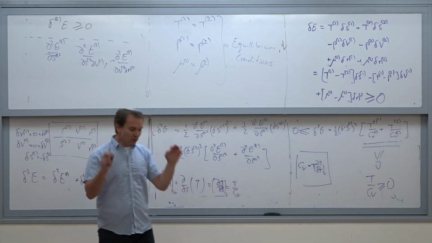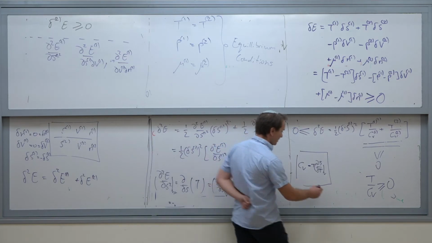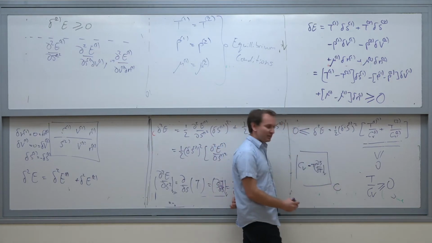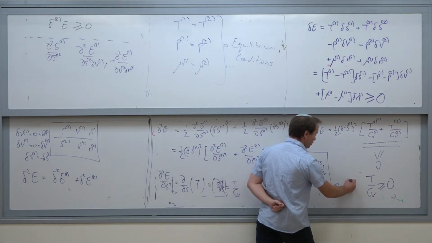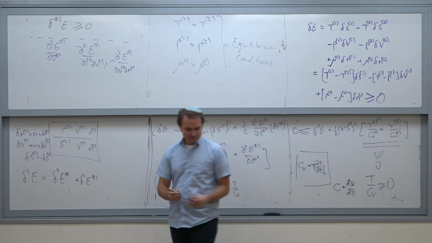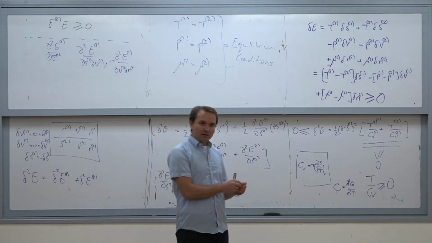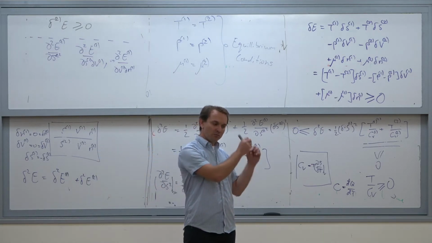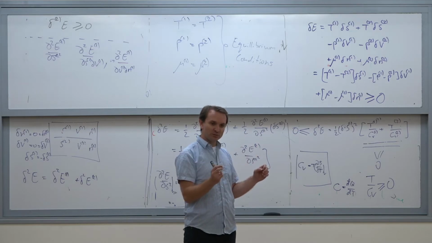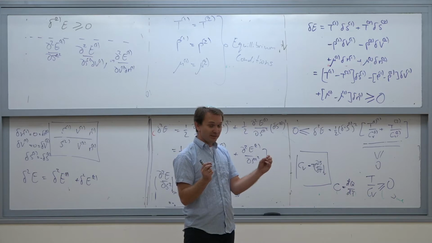You can also think about it this way: what is CV? How do we define CV? The heat capacity, in general, is the change of heat by the change of temperature. So positive CV means the heat flows from high temperature to low temperature. Negative CV means it flows the other way around.